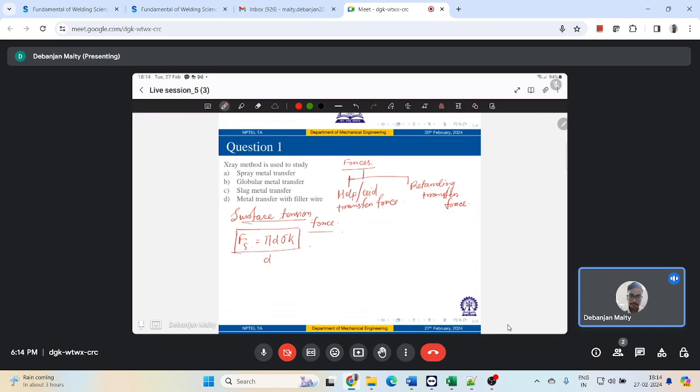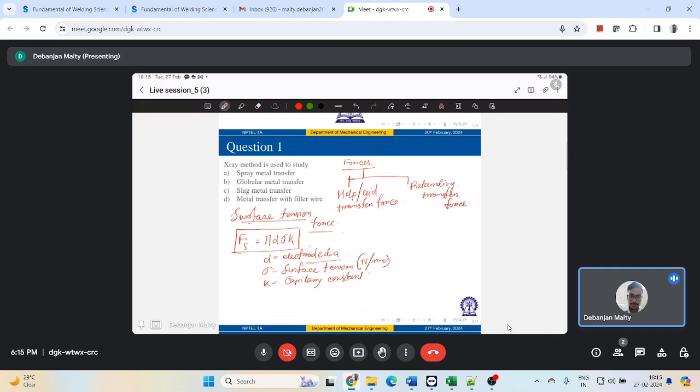Here D is your electrode dia, sigma is my surface tension, maybe in Newton per mm, force per length, whatever unit you follow, and K is called the capillary constant. It normally varies from around 0.6 to 1, right?